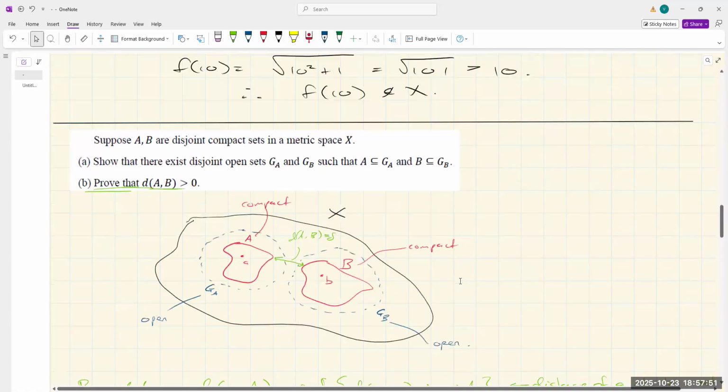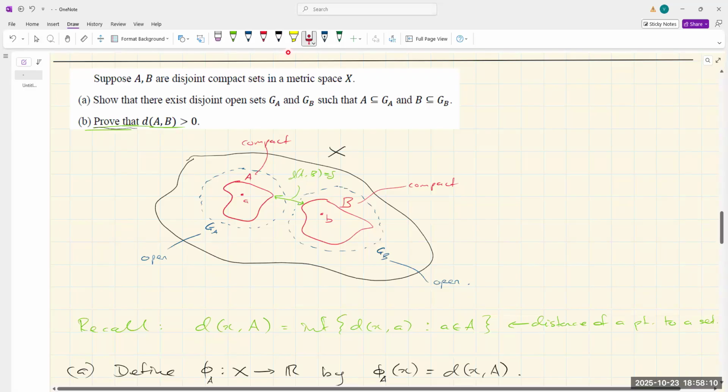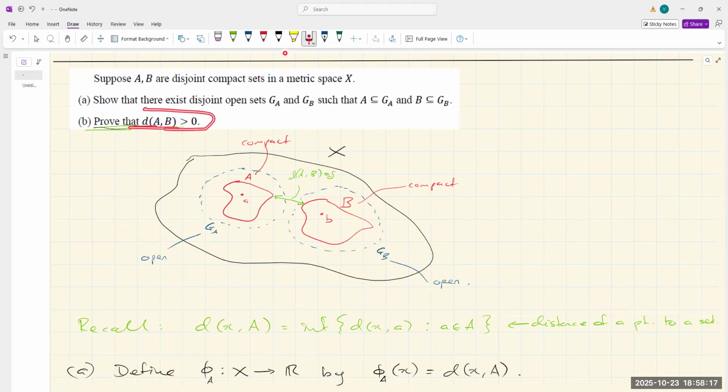Okay, so this one was a bit lengthy, but it had a couple of things you have to prove. This second part B is saying, if you have two disjoint compact sets, how do we prove that the distance between them is strictly positive?